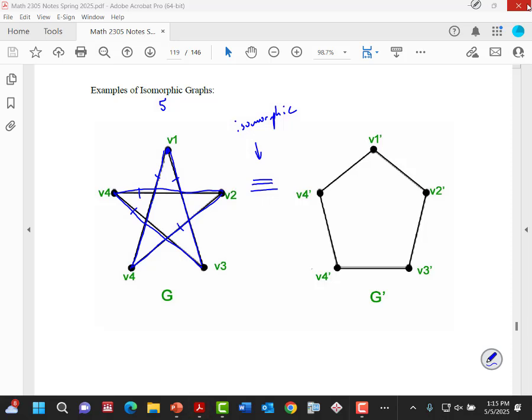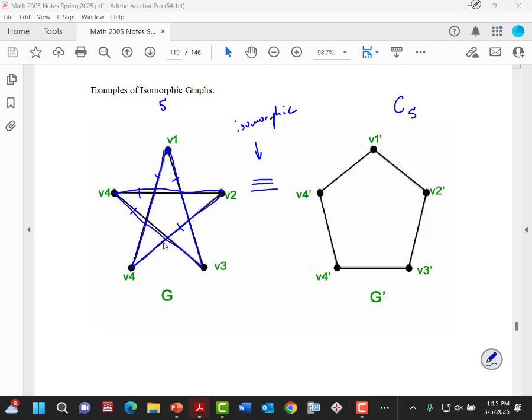Well, what is this graph here on the right? This is C5, the cycle graph on 5 vertices. And so these 2 graphs have the same form.